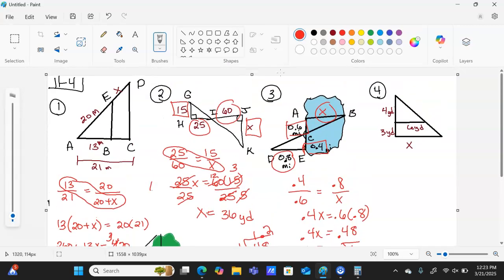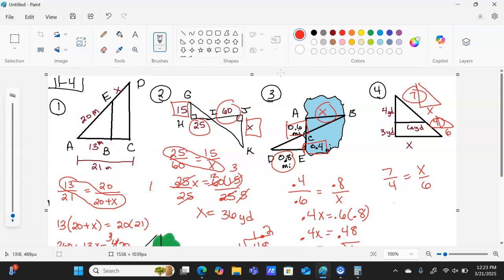On this one, we have nested triangles again. So we have the big one, which is 3 and 4. So it's 7 with an X down here. And then the smaller one, which is 4 and 6. So the 7 and the 4 go together, and the X and the 6 go together, or are the corresponding sides.